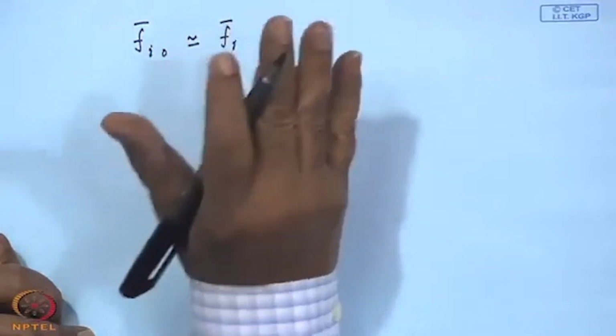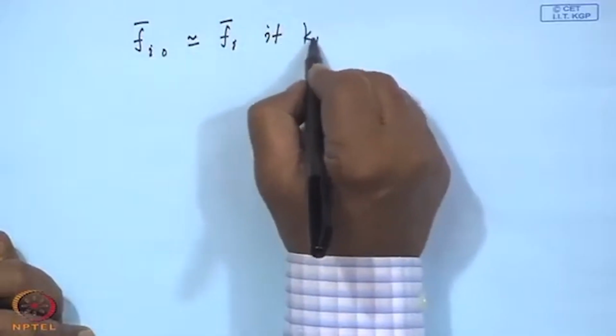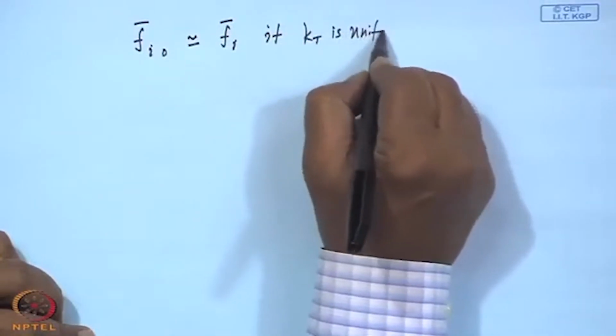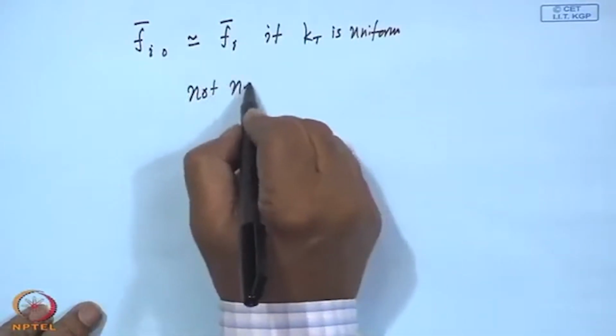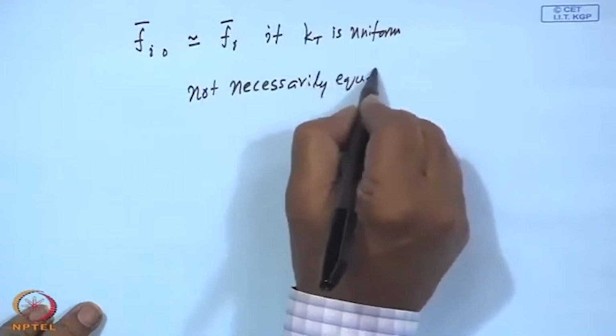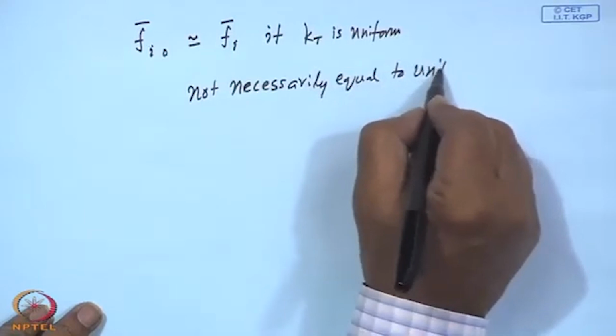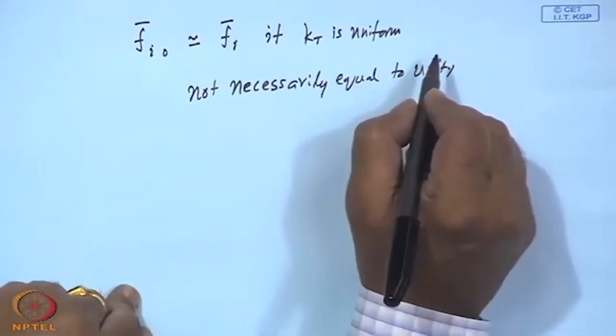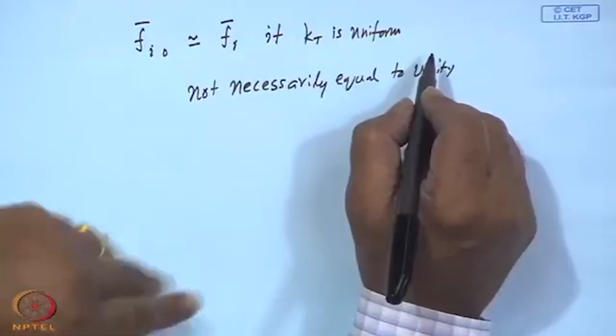very close to Fi bar if Kt is uniform, not necessarily equal to unity. This we have proved in the case of R B bar, looking at why the extraterrestrial calculation is yielding sufficiently accurate results for terrestrial conditions.